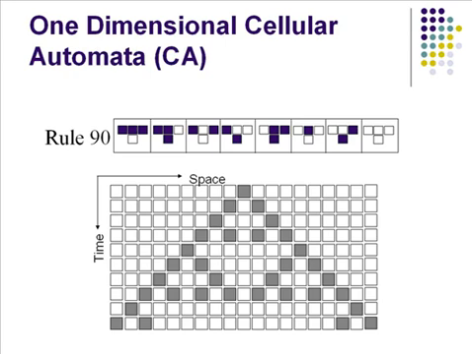This is a one-dimensional array, and each box has a 0 or 1. And a cellular automaton is a kind of calculation in which the time development is determined only by the local interaction among the cells.